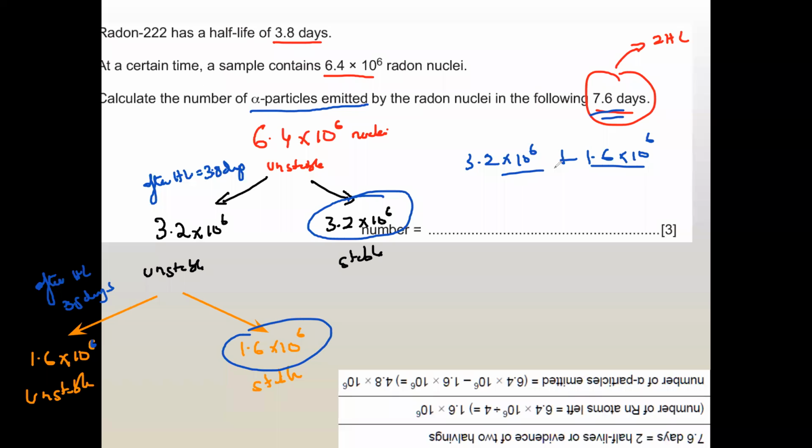So the total number of alpha particles, or the stable nuclei, equals 4.8 into 10 to the power 6, the number of atoms which become stable. Because unstable ones continue to emit out radiation, but stable ones emitted the radiation and became stable.